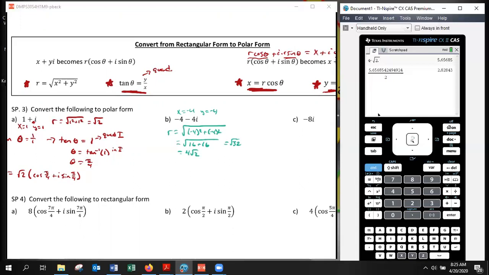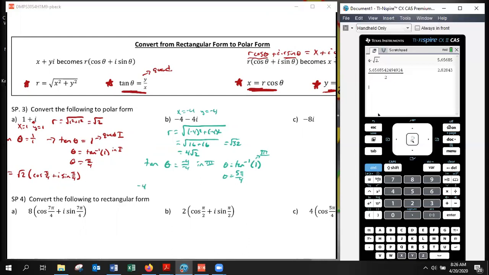Now our theta ends up being, let me write it as tangent of theta, is -4 over -4. But this is in quadrant 3. And the reason why that's important is because theta ends up equaling the inverse tangent of 1. But this time we're in quadrant 3. So our theta is going to be 5 pi over 4.